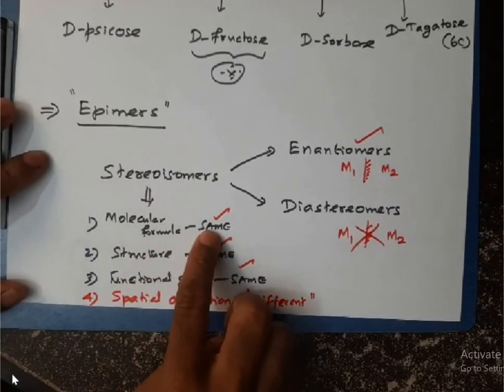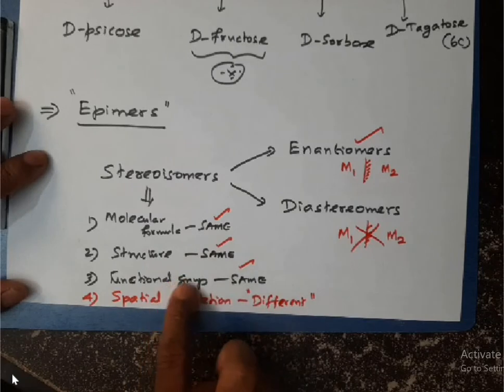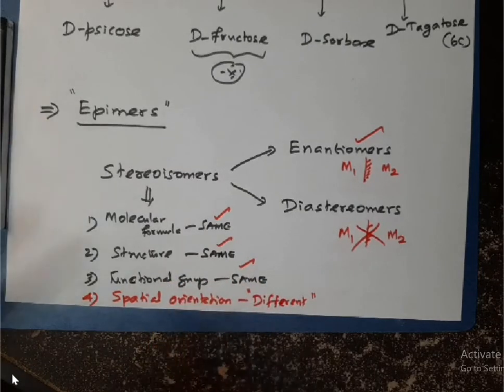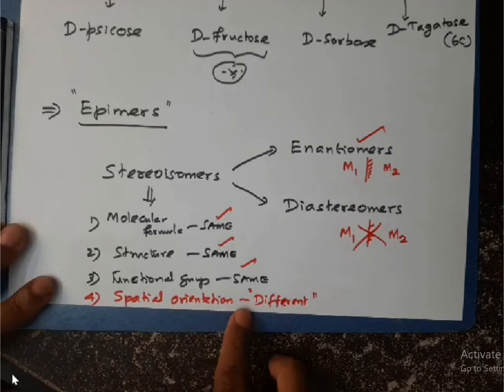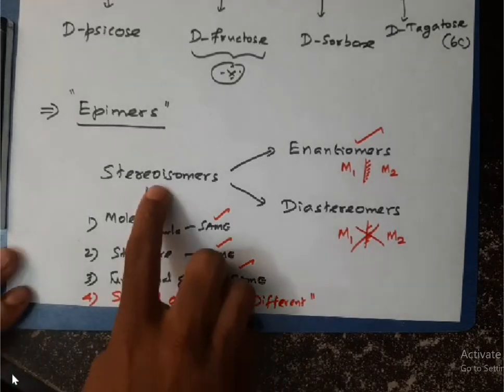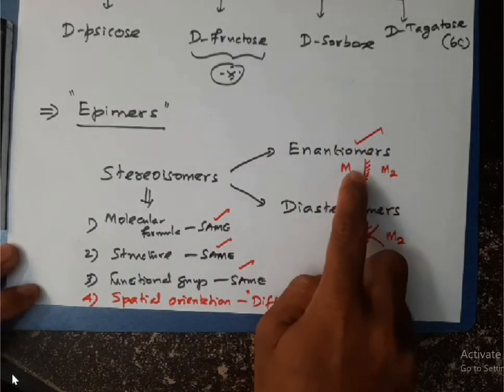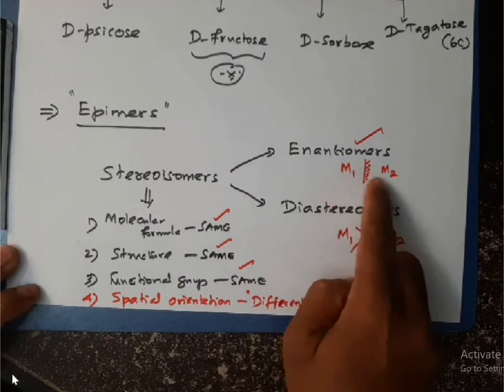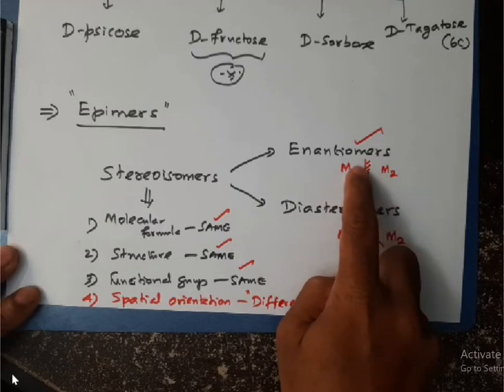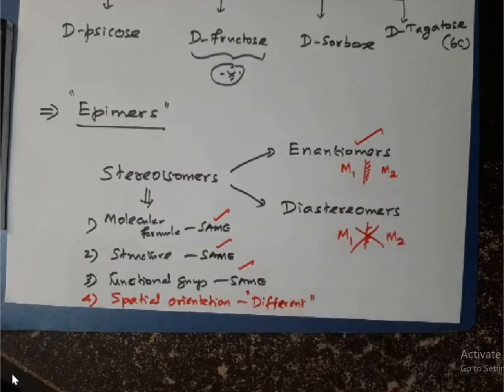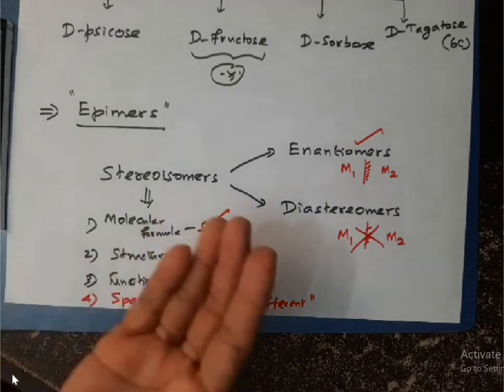Stereoisomers have the same molecular formula, same structure, same functional group, but the spatial orientation of atoms or groups about one or two carbon atoms may be different. In stereoisomers, we have two types: enantiomers, with an object and mirror image relationship, and diastereomers, without it.